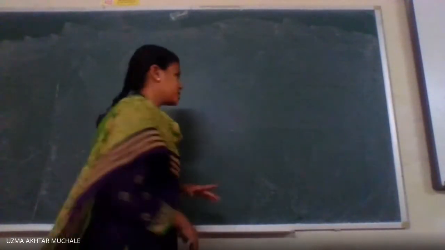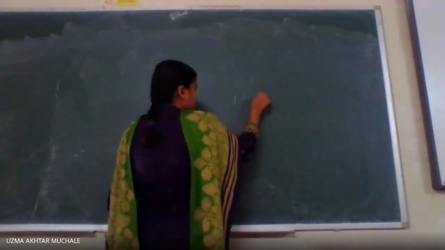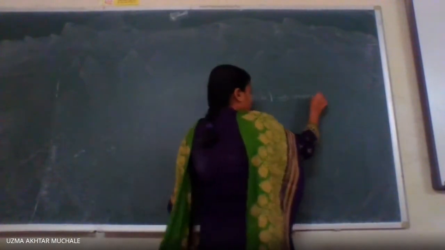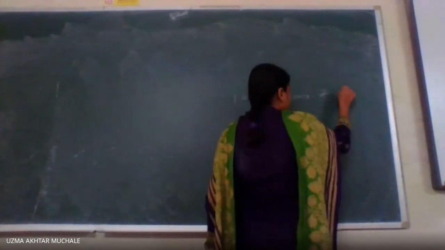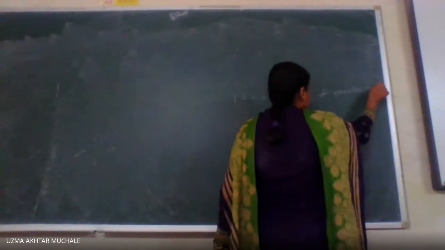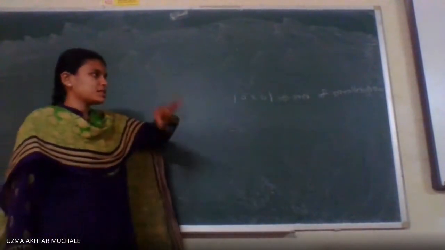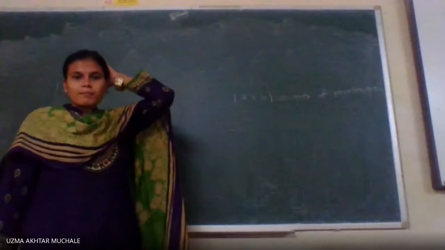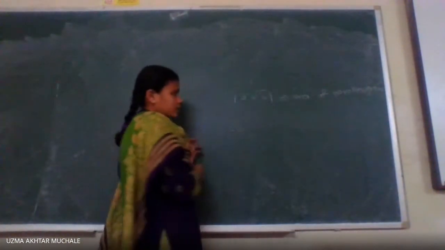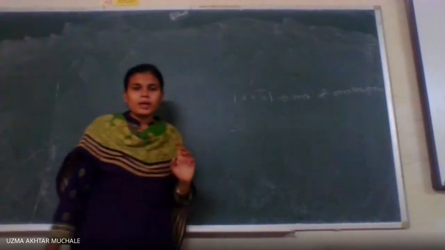I hope you know this: mod of A cross B is nothing but the area of a parallelogram. So if you take the cross product of any two vectors, the modulus of this will give you the area of a parallelogram.